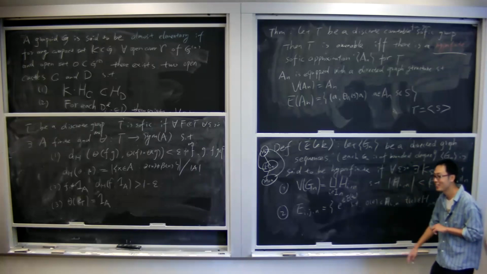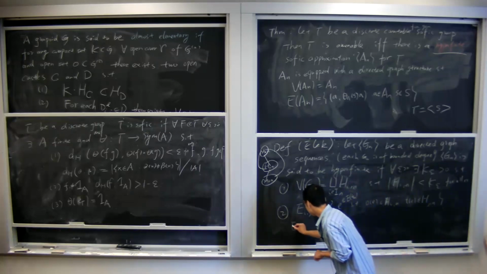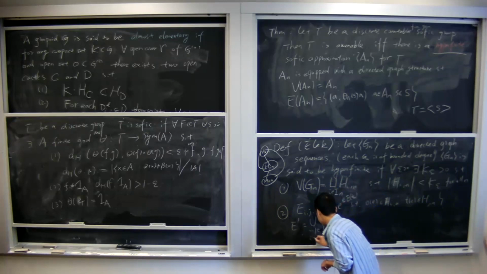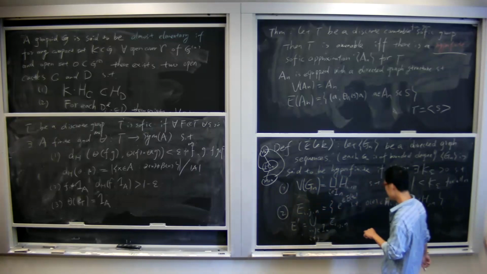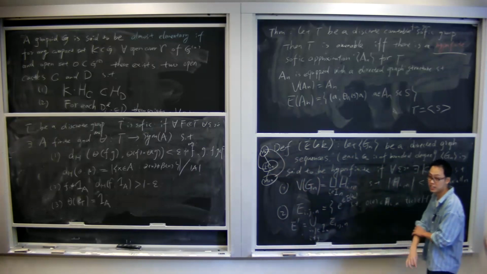Okay. Let's denote by E' the union over i not equal to j of E_ij^n. So E' is just all the bridges connecting the different islands, right?